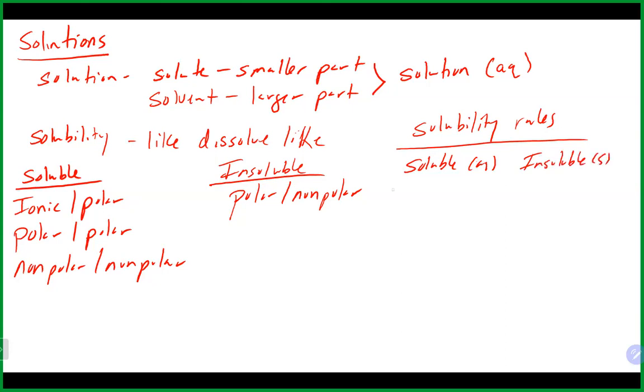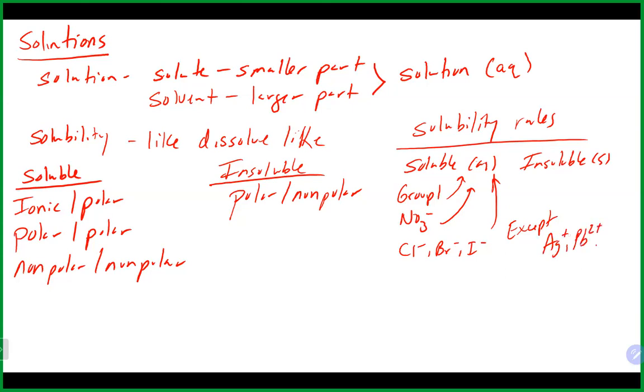So for example, everything in group 1 is soluble in everything. Nitrates are also soluble in everything. Chlorides, bromides, and iodides are soluble in everything, except for a few exceptions: silver, lead, and mercury 1. If you have any of those three with a chloride, a bromide, or an iodide, it would be the opposite, and it would be insoluble.